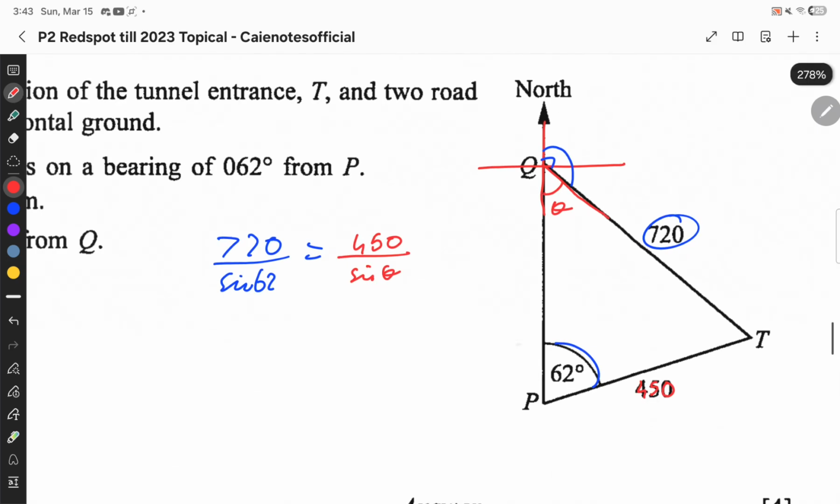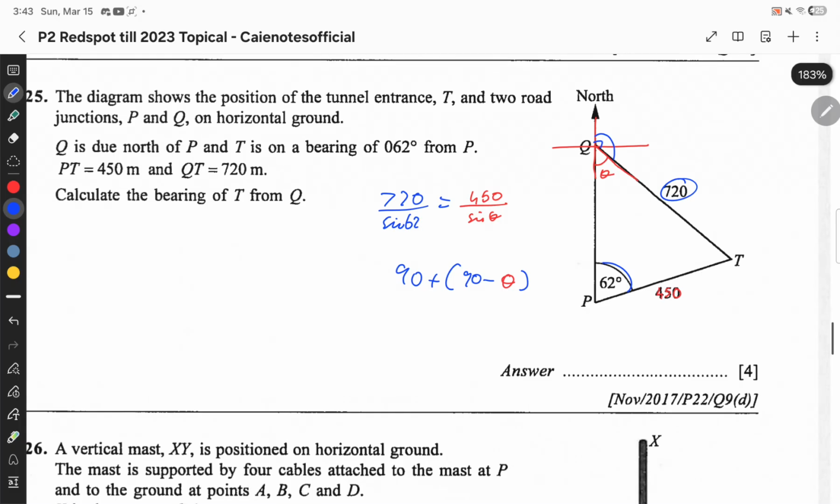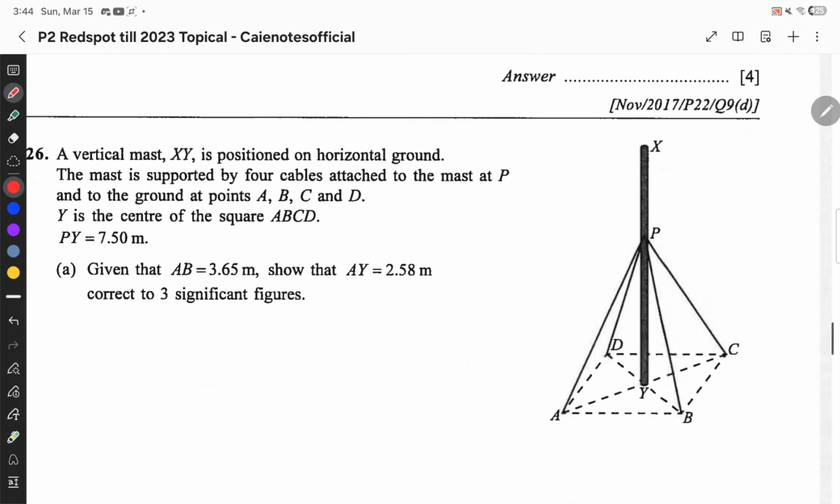I do not have time, sorry. So this is 90 plus 90 minus theta, and that is your answer here. Now obviously you would calculate this, you do not give it like this, just writing it. Okay, just calculate it yourselves.